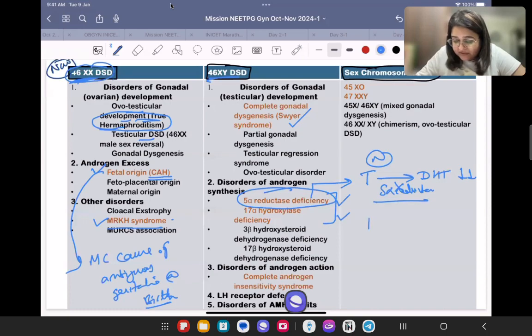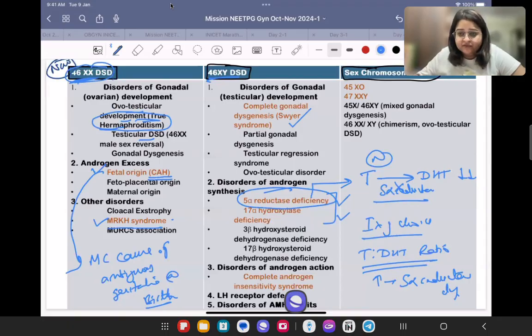So the investigation of choice in 5 alpha reductase deficiency is the T to DHT ratio. If this ratio is high, it is diagnostic of 5 alpha reductase deficiency.